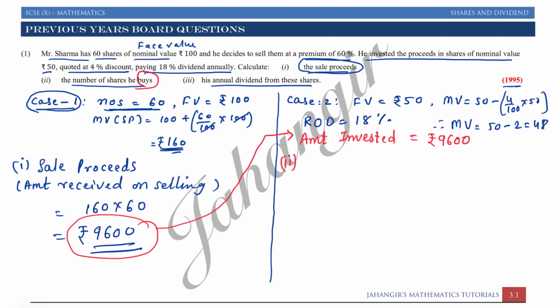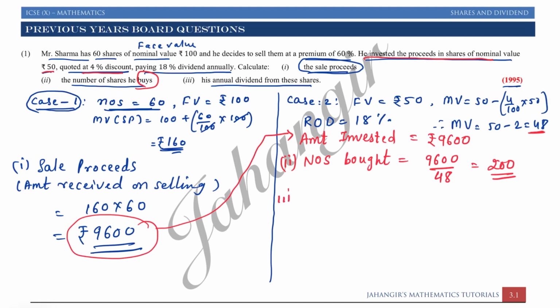Here it is written he invested the proceeds in the shares of nominal value 50 quoted at 4% discount. So now I will write number of shares bought. What amount has he invested? 9,600, and buying each at rupees 48. So 200 shares he bought. The answer to the second part is 200 shares.